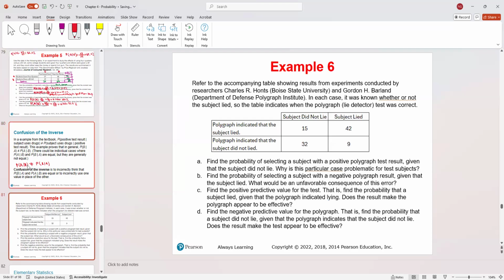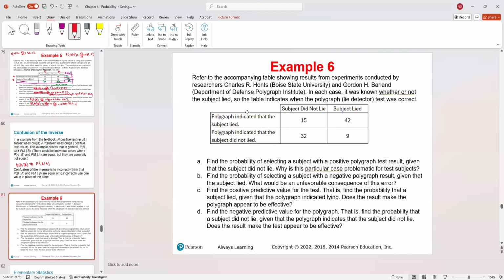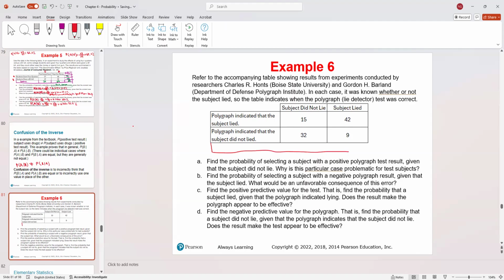In this one, what I'm going to do is move a little bit so I have enough space. Remember, with these types of tables, you always need to have the row total and column total. That's total. That's total.